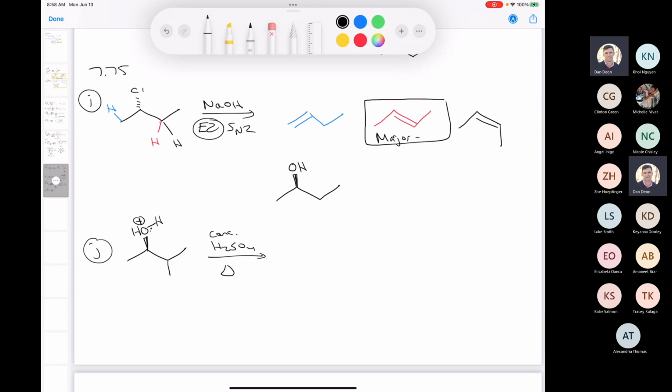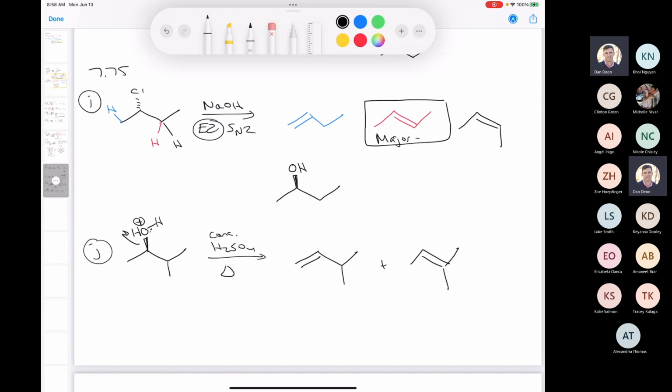We convert that into a good leaving group, and then we can have several eliminations occurring here, can't we? We can form the Hoffman product, we can form the Zaitsev product, but remember this leaving group is going to leave, and when it leaves, we end up with a secondary carbocation like this, which can undergo a hydride shift.